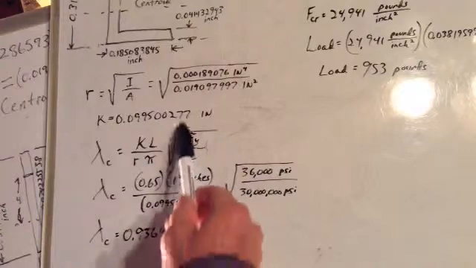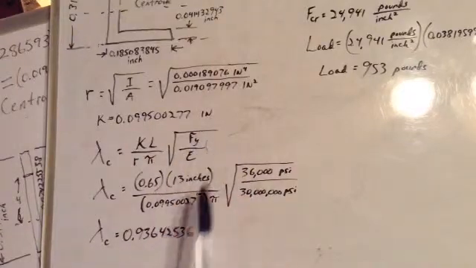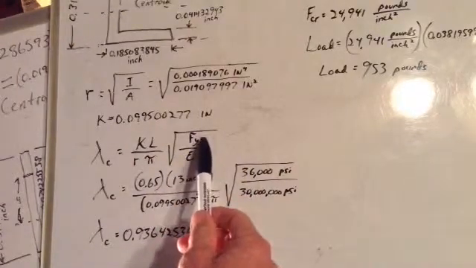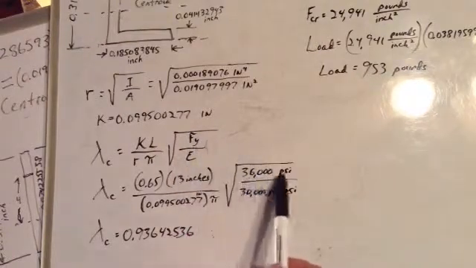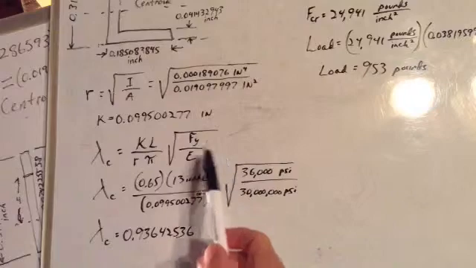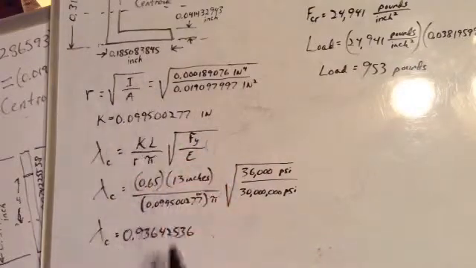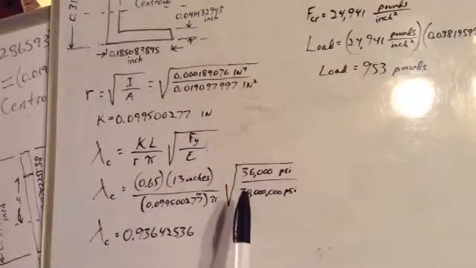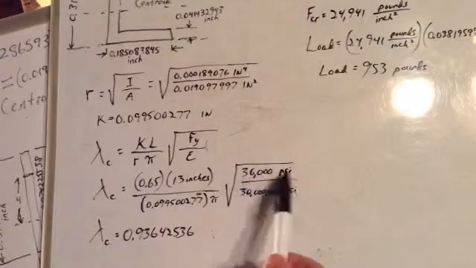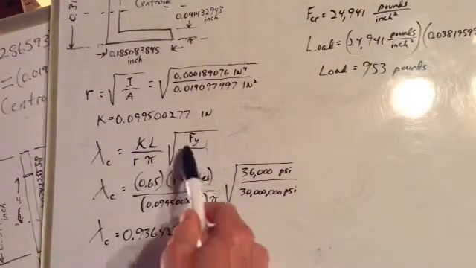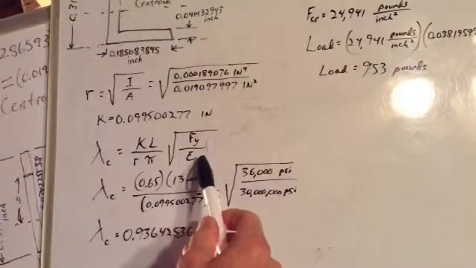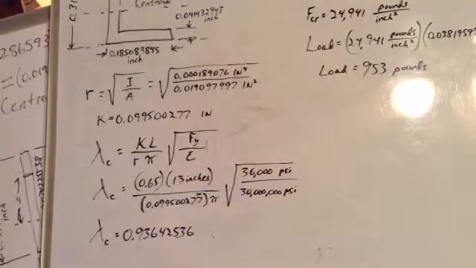Times the square root of Fy over E. Well, Fy, you'd think, oh, force. Nope. That's a stress. It's 36,000 psi. That's the yield stress of this material. Maybe. Sometimes it's 50, but I just threw in 36 and it works. And this E is the modulus of elasticity, Young's modulus.